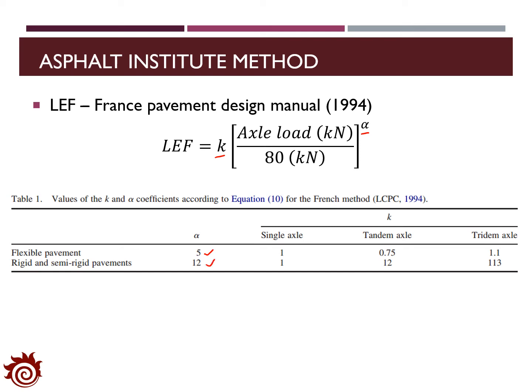Also, the value of K is related to the pavement types and the axle types. For example, for the single axle, the value of K is 1 for both flexible and rigid pavement, while for tandem axle, K equals 0.75 for flexible pavement and 12 for rigid pavement.